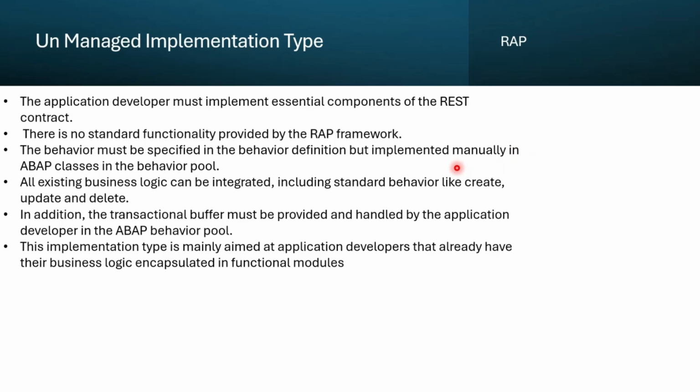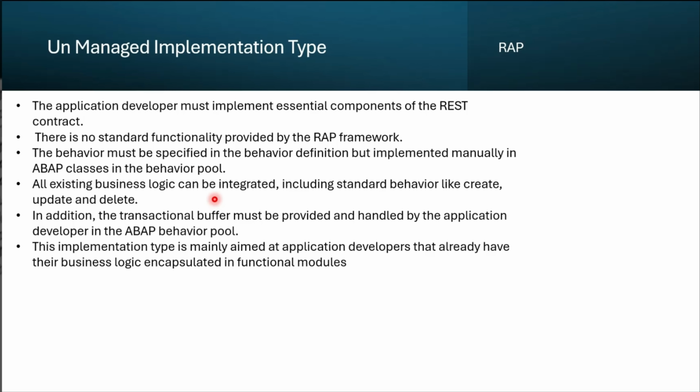We have to write the code in our behavior pool, which is the ABAP classes. We will be doing the behavior implementation. In that implementation class, which is the behavior pool, we have to write the code for create, update, and delete functionalities. Whenever you have business logic available to you, we can go with the unmanaged implementation, so that we can make use of that logic by defining it in the behavior definition and implementing that logic in the behavior pool.